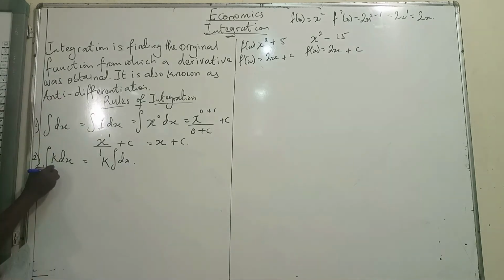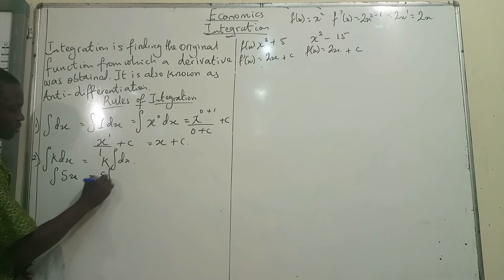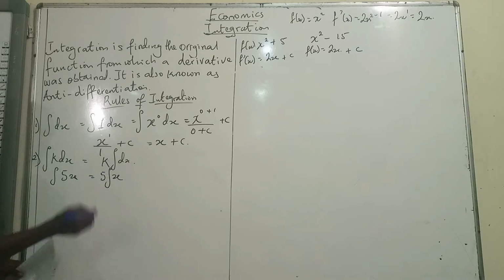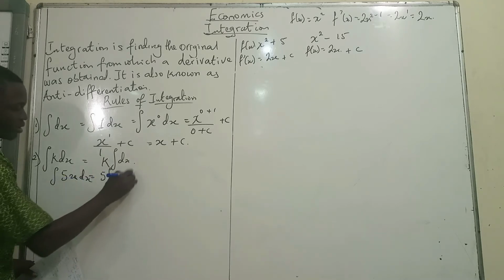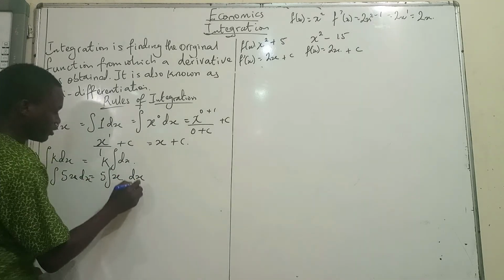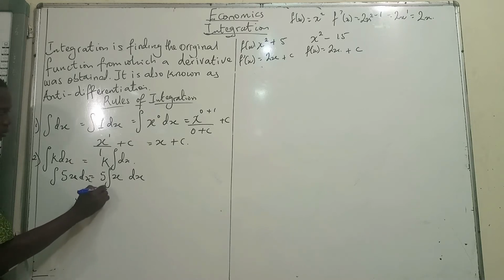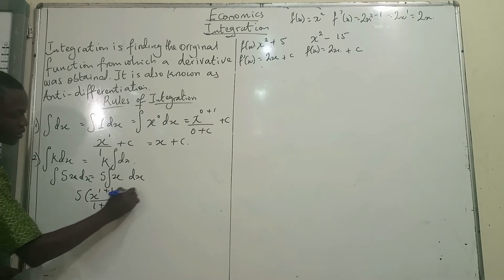Let's say we have integral 5x, so we can just say this is 5 integral x dx. We continue: x is x raised to power 1, so we add 1, divided by 1 plus 1, plus the constant.